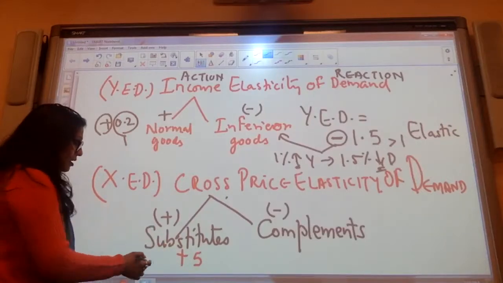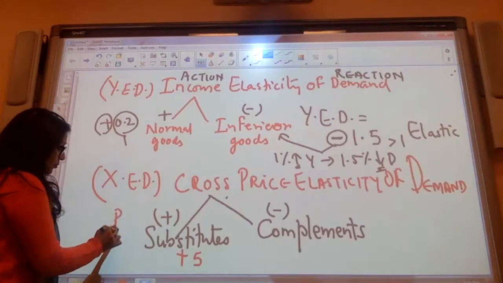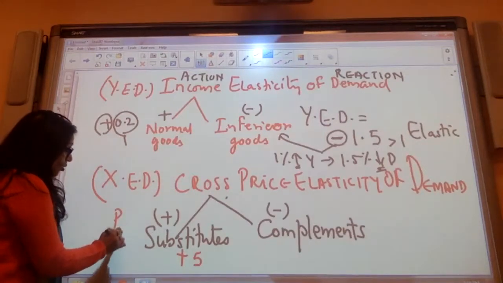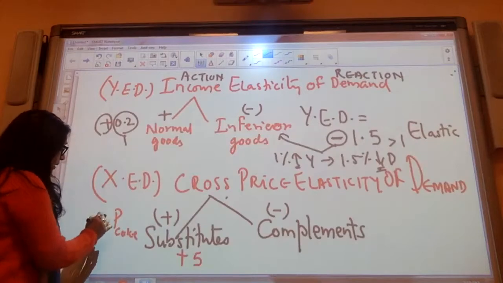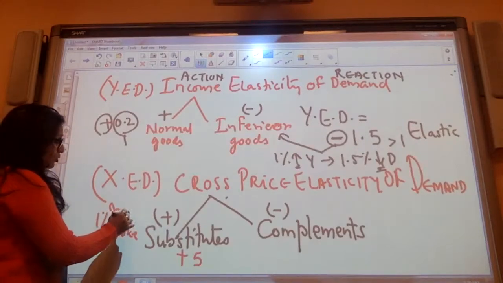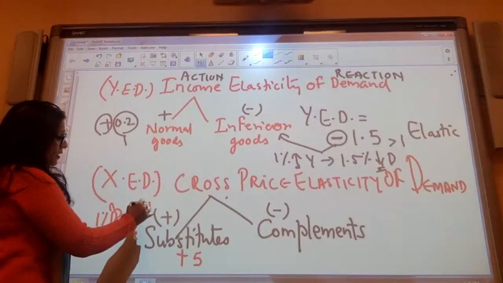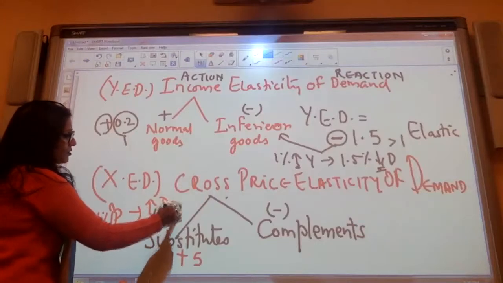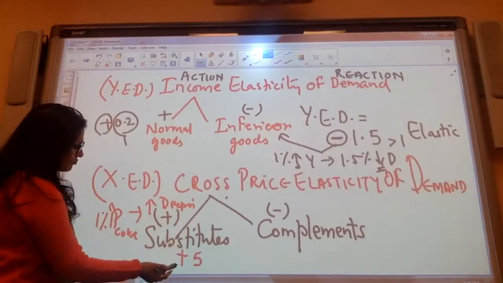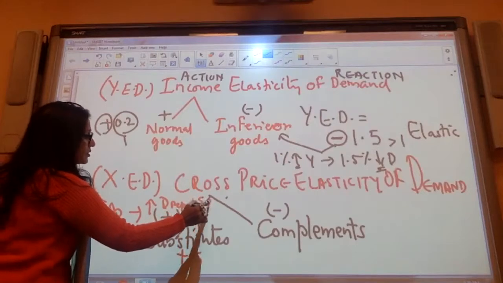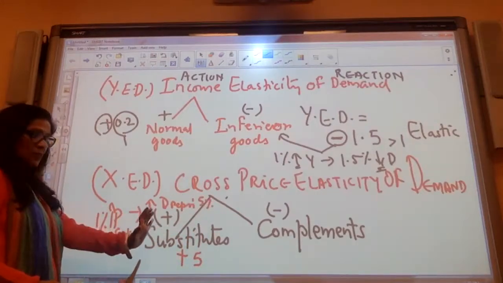It's positive, meaning if the price of Coke goes up by 1%, it would mean an increase in demand for Pepsi by 5%. So that's substitutes.